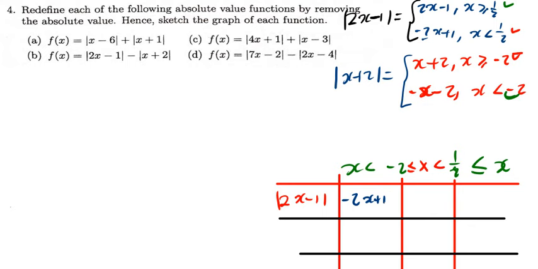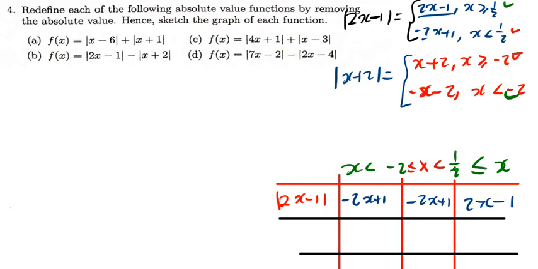For the same one, since we are dealing with half, which one is telling us that x is less than half? It's the same one, negative 2x plus 1. Then for the last one, which one is telling us that x is greater than or equal to half? It's the first one here, so I'll get 2x minus 1.